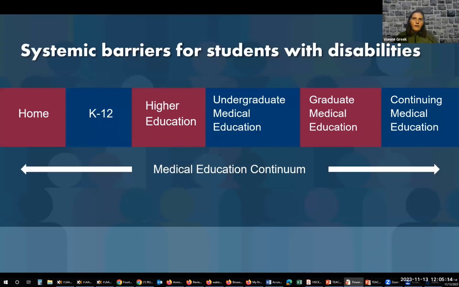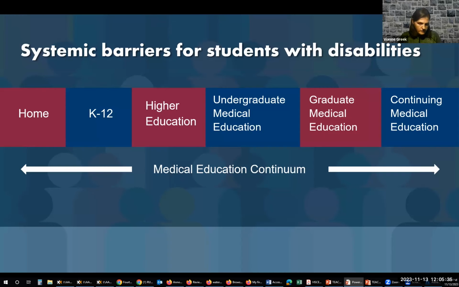And so I wanted to talk a few minutes about the medical education continuum and some of the systemic barriers that arise there. They start from the home, from very young. If the parents don't have the financial or health insurance means to take care of some of the disabilities that children have, they're going to start off having some issues.